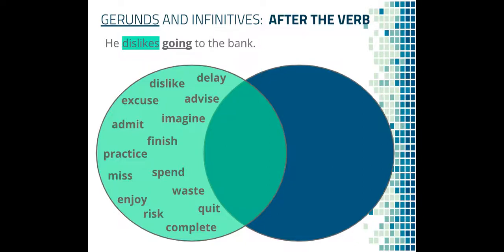He practiced playing the piano. He practiced to play the piano. No. He quit going to the bank. He quit to go to the bank. So some words only go with gerunds.